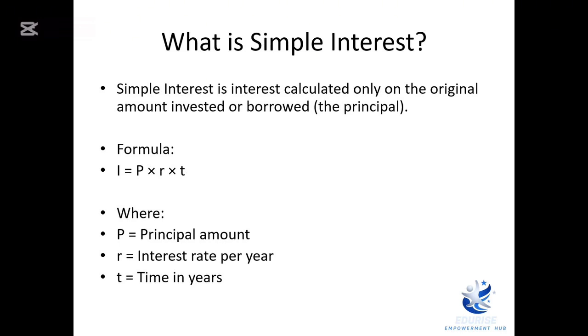Take note of that, interest rate per year, very important. Then T is the time in years. So if they give you something in months or whatever, you will have to convert those months into years. We will see that in the examples.